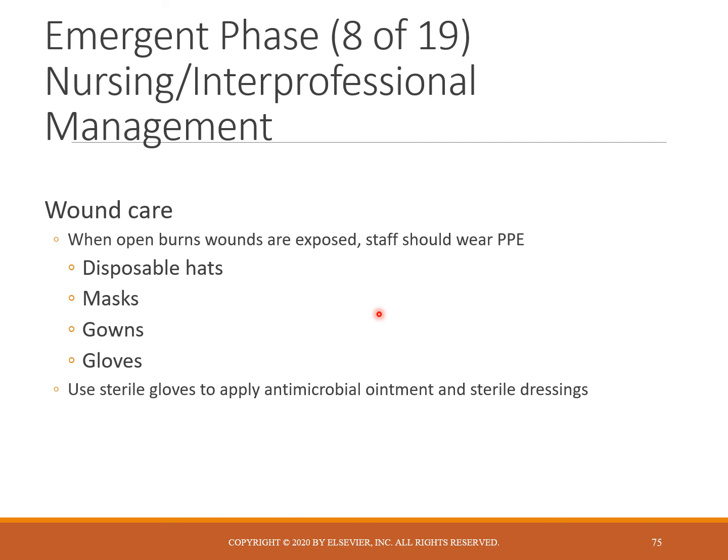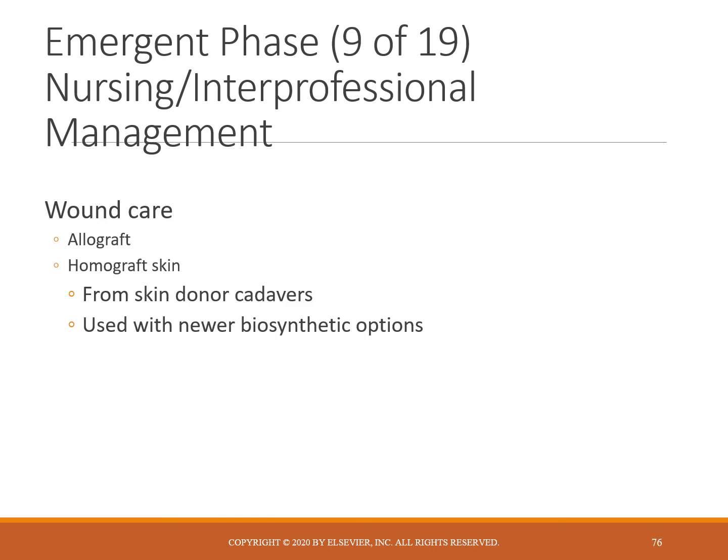And remember, when open burn wounds are exposed, you have to wear your PPE. So you have to put on your mask, gown and gloves, and disposable hats. Okay, and remember, when you're applying antimicrobial ointment, you need to put on sterile gloves. Because as you all know, wound care is a sterile procedure.